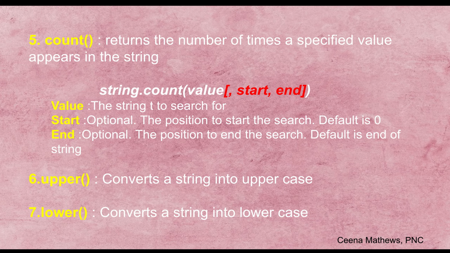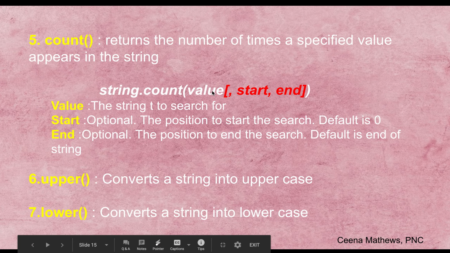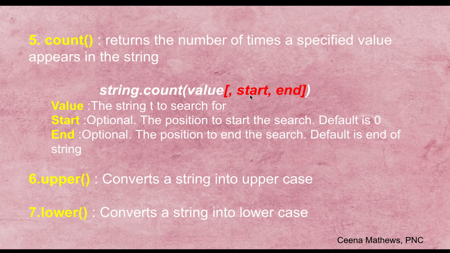Next method is count. It returns the number of times a specified value appears in the string. And count uses here 3 parameters, value, start and end. Of this, start and end are optional.